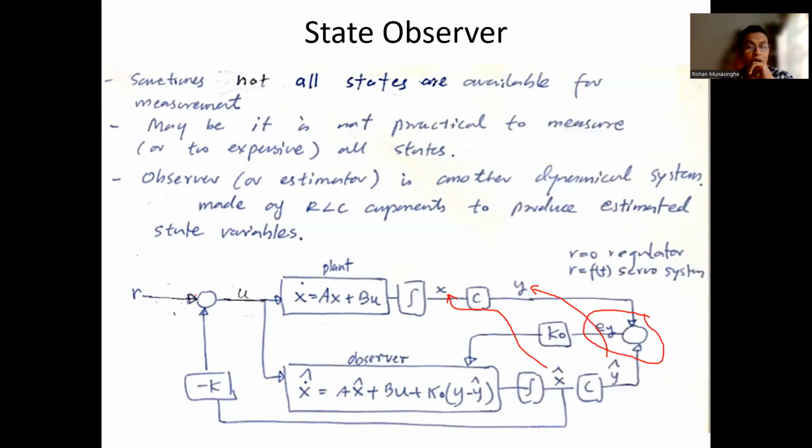This part, this feedback, taking Y hat and feeding it back and producing Y, let's say this is happening at 10 hertz.